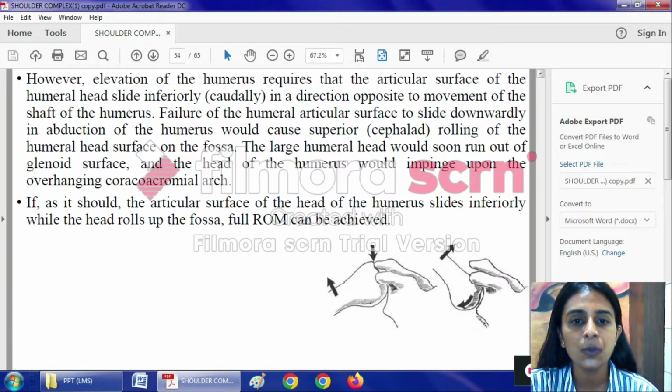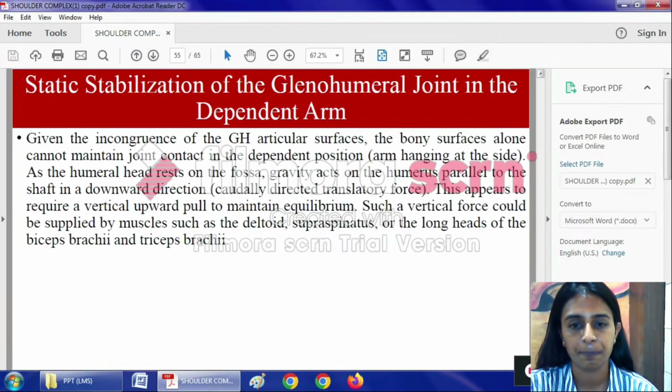The large humeral head would soon run out of glenoid surface and the head of the humerus would impinge upon the overhanging coracoacromial arch. If the articular surface of the head of the humerus slides inferiorly while the head rolls up the fossa, full range of motion can be achieved.